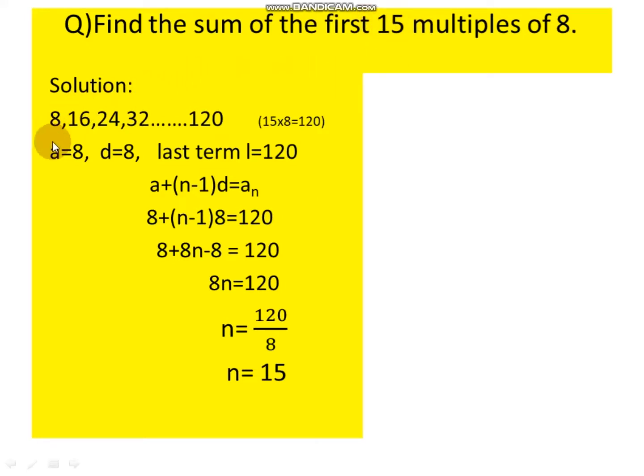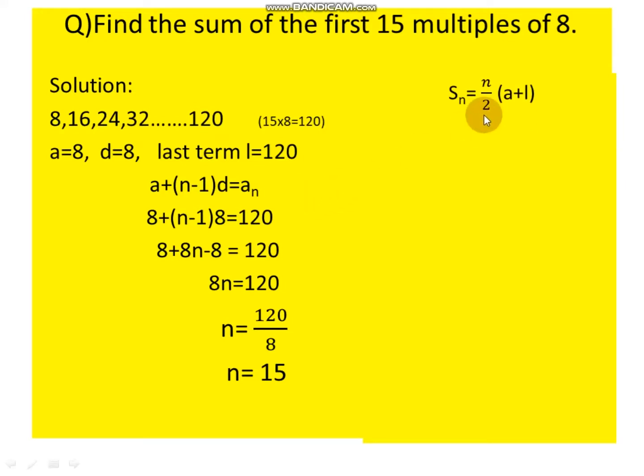So you use the value of a, the value of d and the value of the last term. Therefore Sn is equal to n by 2 into a plus l. So S15 is equal to, you substitute here, 15 multiples. The value of a is 8, and this 120 is the 15th multiple. So n is nothing but 15 and l is nothing but 120.